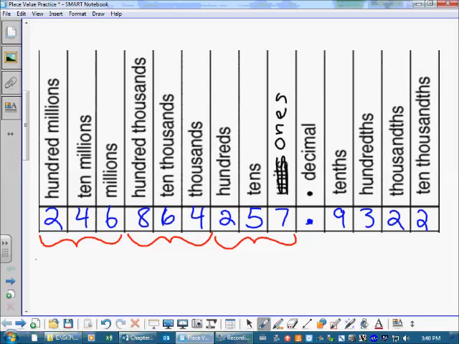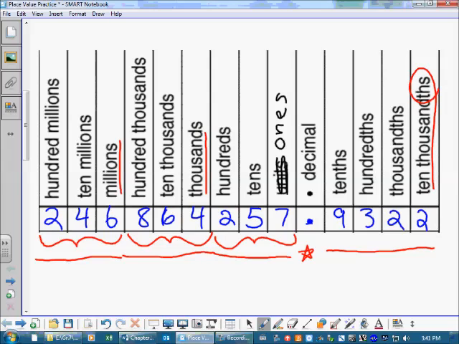So, 246,864,257 and 9,322 10,000ths. Did you get it right? Good job if you did. If you didn't, don't stress. Just keep on trying.